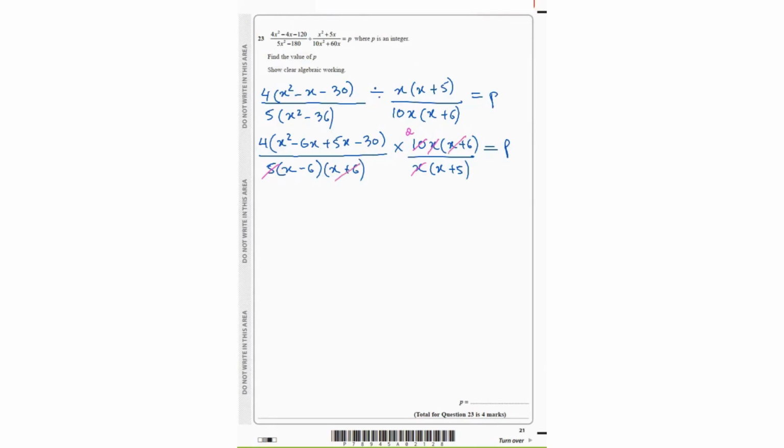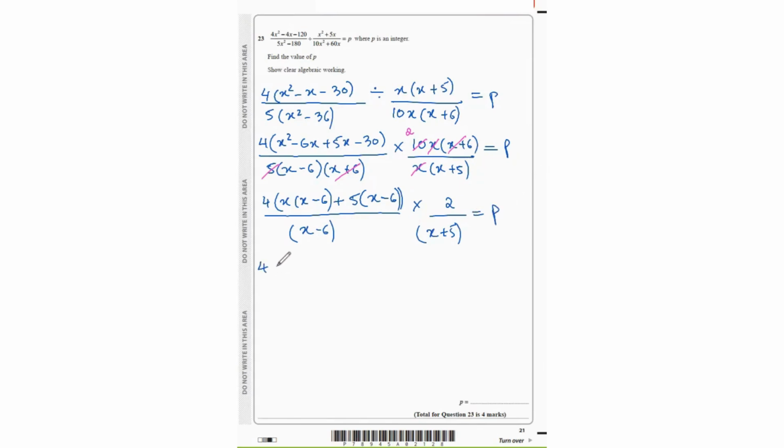And let me just simplify this further. So 4 bracket x times x minus 6 plus 5 bracket x minus 6 over x minus 6 times 2 over x plus 5 equals b.